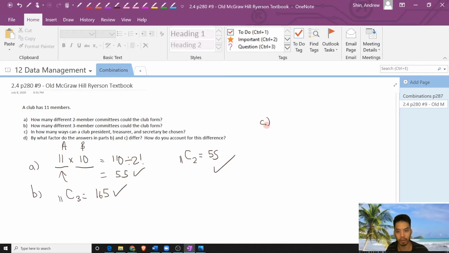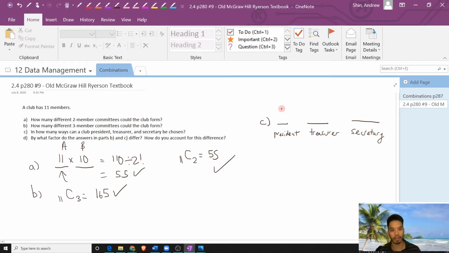I'm going to do it over here. In how many ways can a club president, treasurer, and secretary be chosen? So now you can't just choose any 3 people. If I choose Albert here, which is going to be the president, and then we have a treasurer, and then we have a secretary.